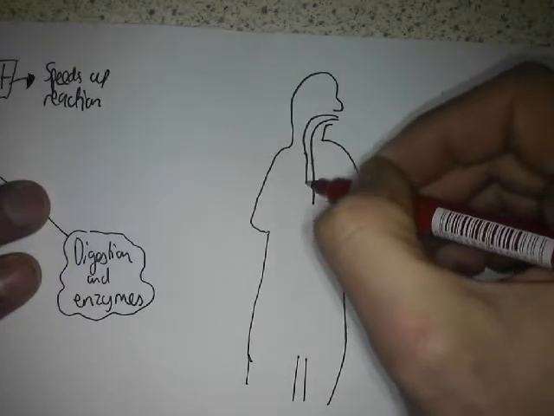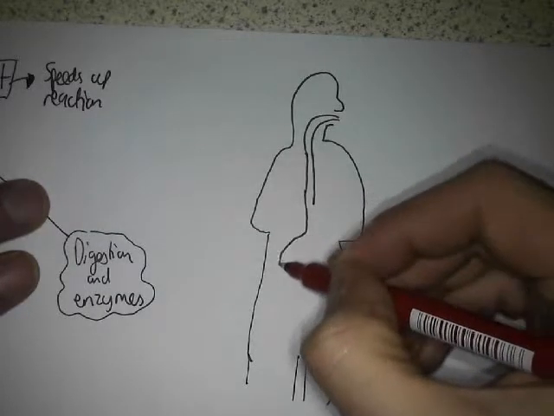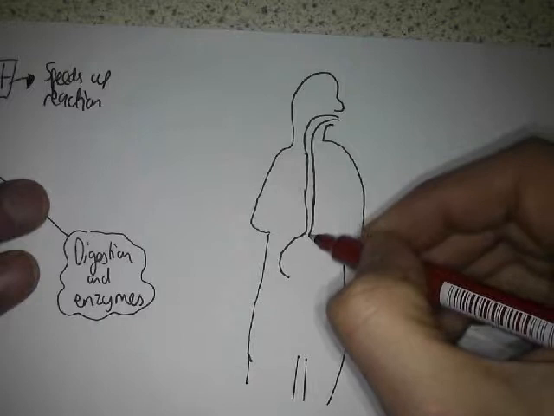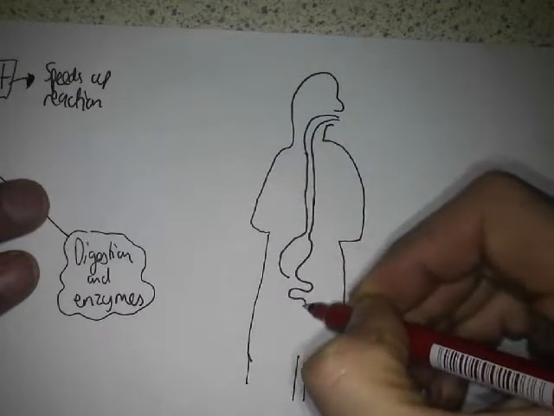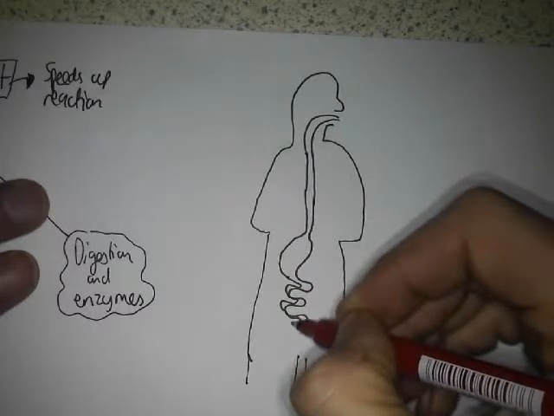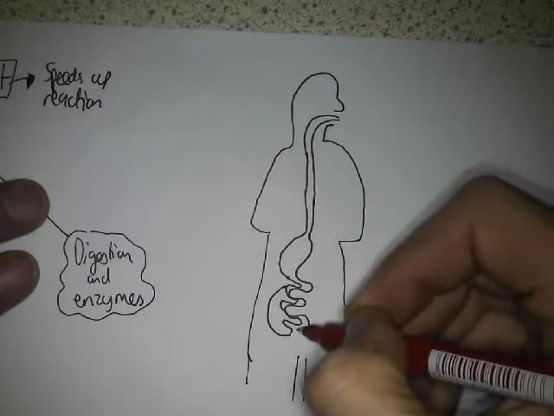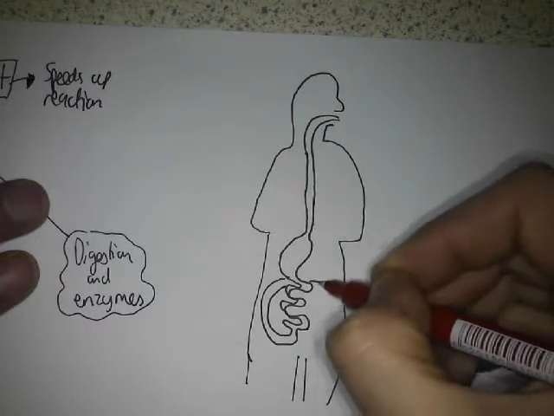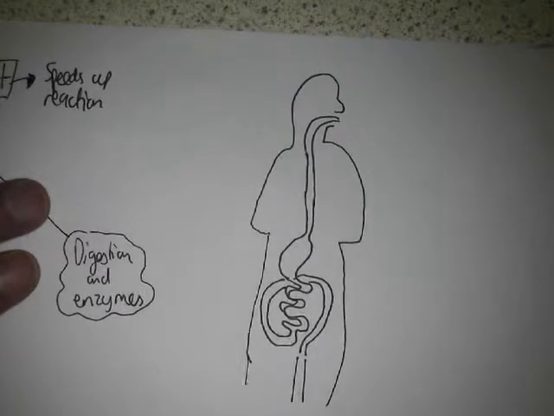So, digestion, you need to know the route of food, start to finish. Then you need to know what goes on at those different places. I know this is really bad, I apologise. But, there we go, okay, right.